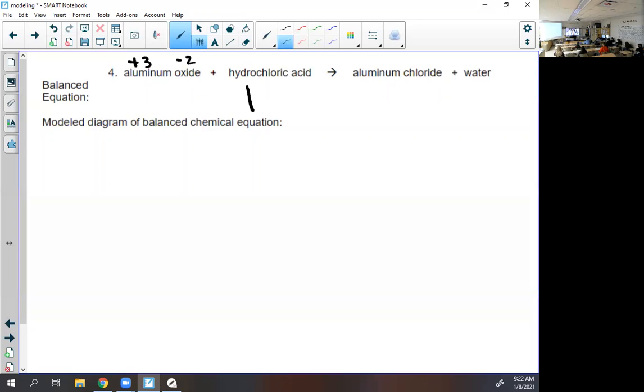Hydrochloric acid, my table just tells me is HCl. I know aluminum's a +3. Chlorine is a -1. And I know water is HOH. Well, I'm going to put H2O this time. Why did I put H2O this time? Because I don't have hydroxide. Bottom of page 4, my friend.